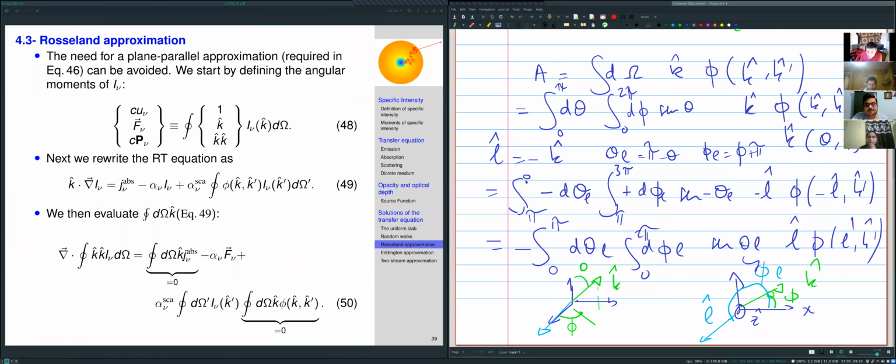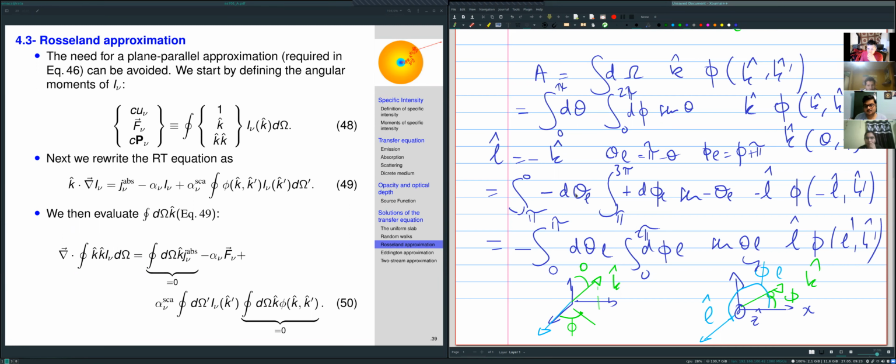This goes from pi to 0. This is correct. But it doesn't have a minus because it goes from pi to 0. There's no minus in there, right?